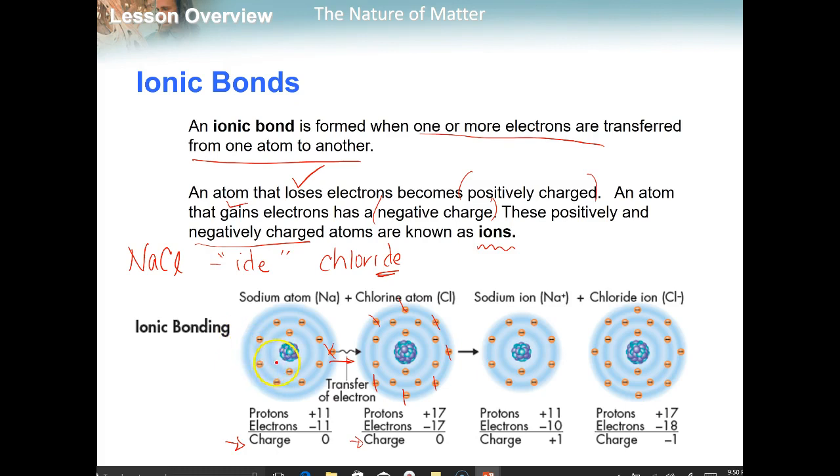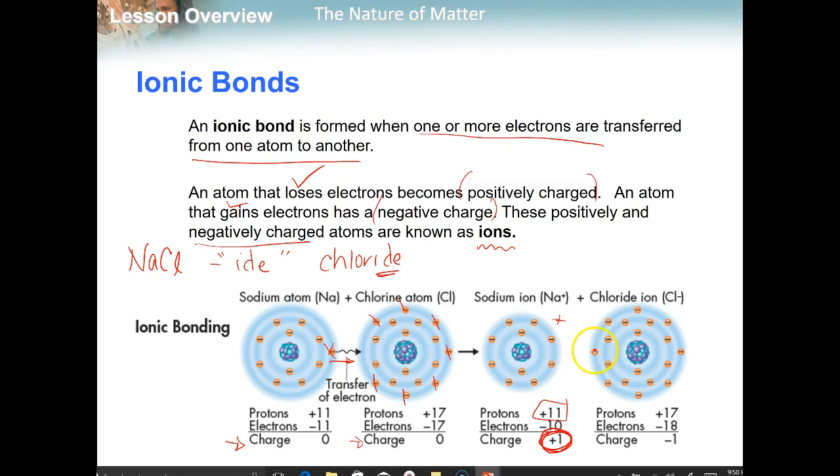So here we had 1, 2, 3 energy levels. When it transfers, we only have 1, 2 energy levels. So now we have 11 protons, but we lost an electron, so that's -1, and that's going to give a +1. So sodium is going to wind up being positively charged.